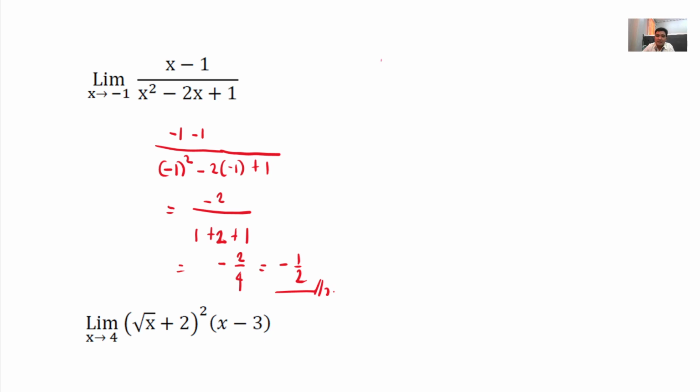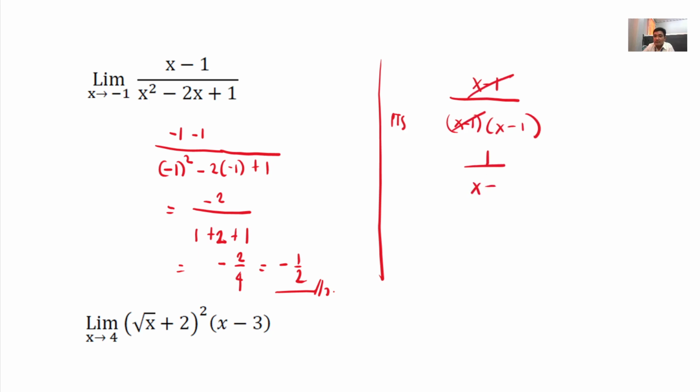Sir, paano pag nag-simplify kami? Kasi feel namin indeterminate. Kasi hindi naman siya indeterminate, kaya ito na yung sagot. Pero once indeterminate, yun yung nagsisimplify kayo. Tignan natin kung i-simplify natin, di ba? That is x minus 1 all over, yung sa baba is perfect trinomial square, di ba? So magiging, that is equal to x minus 1 times x minus 1. Cancel, cancel. So that is 1 all over x minus 1.